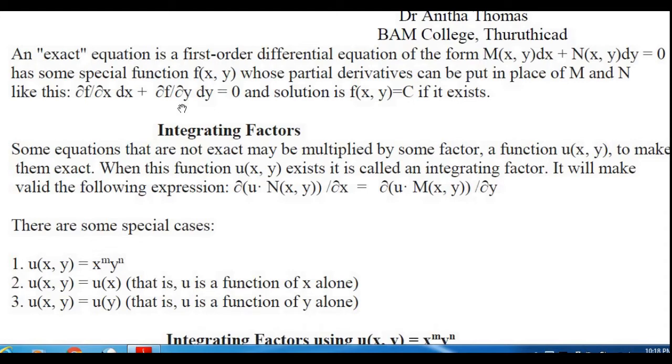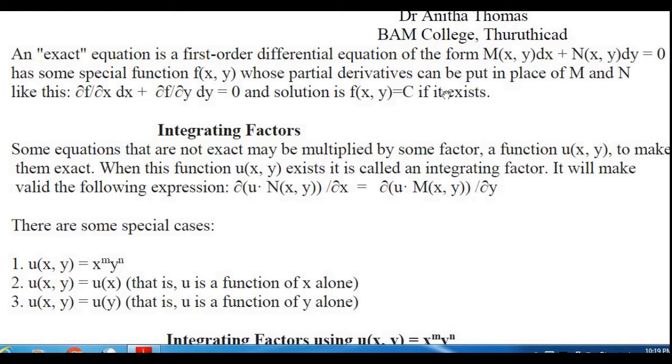By multiplying the given equation M dx + N dy = 0 by these integrating factors, we can make it exact. For more details about exact equations, do watch my previous videos.